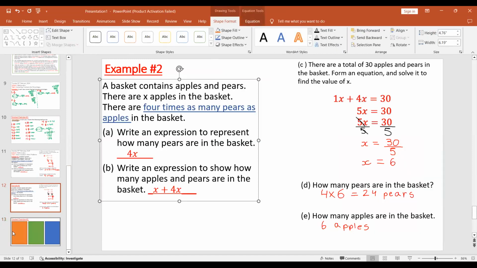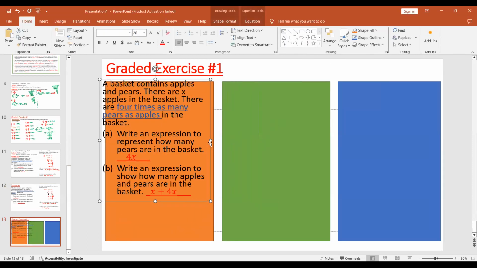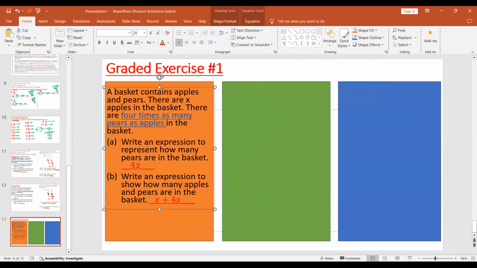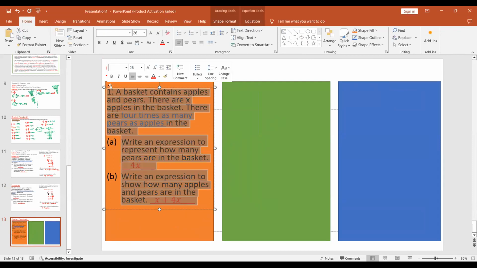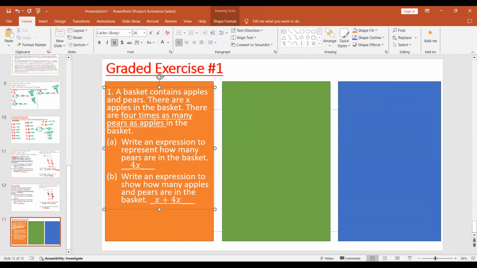All right, so for number 1, let me change this to all white. A basket contains peaches and grapes. There are X peaches in the basket.